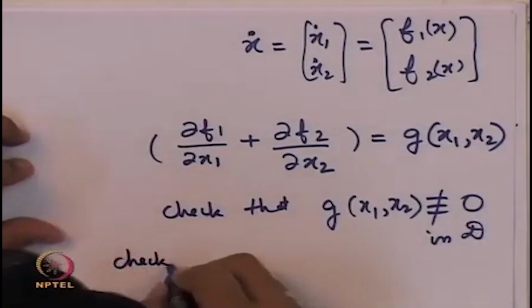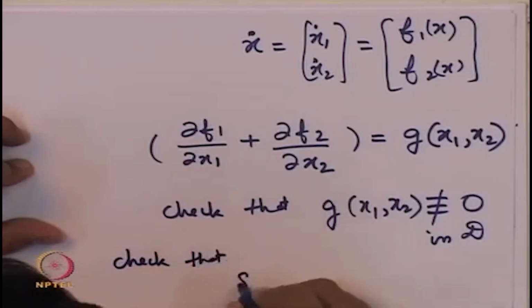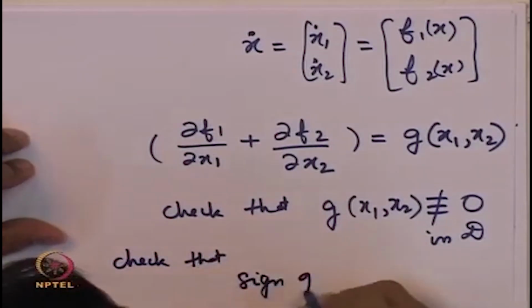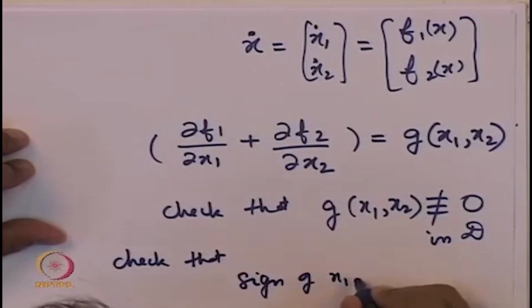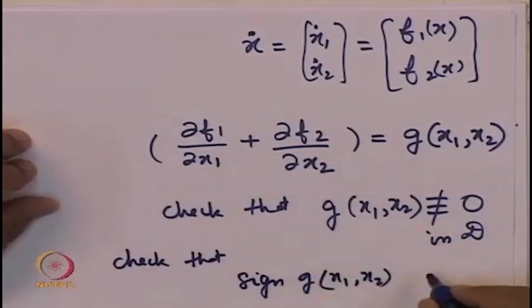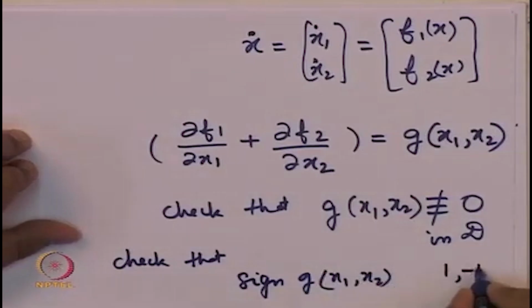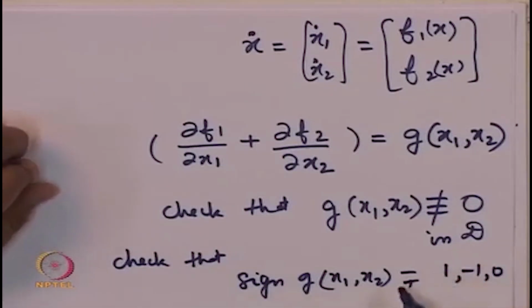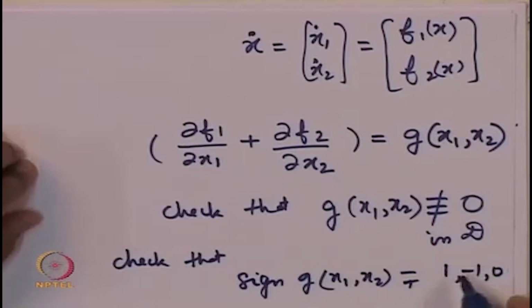Also check the sign of g. The sign of g can be 1, -1 or 0 in general, but we require that the sign should not change. In other words, it should not go from -1 to 1 or 1 to -1. As long as it is always 1 or always -1, maybe at some points it becomes equal to 0, that is fine.